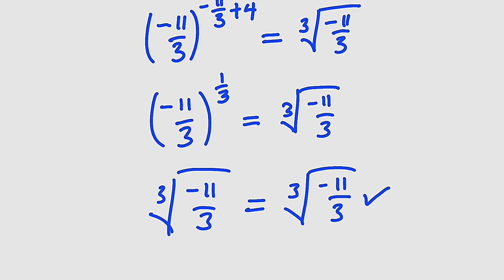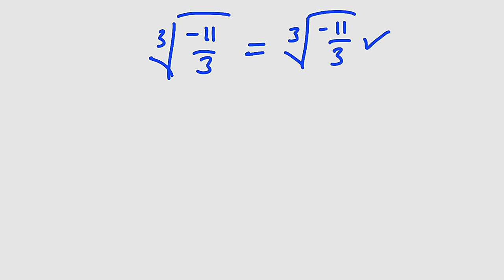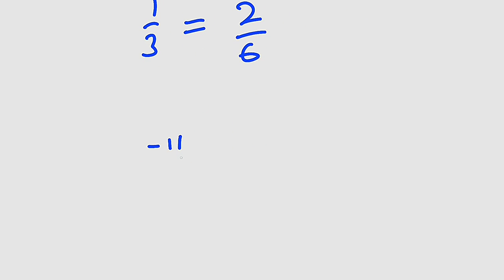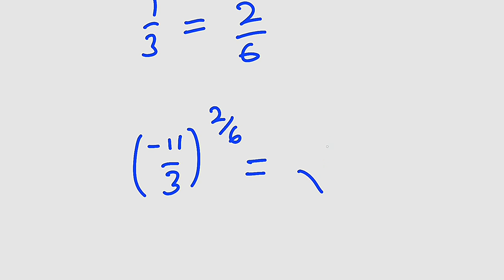Why? Because if we take an equivalent of this exponent, 1 divided by 3, remember 1 over 3 can be written as 2 over 6. So what if we have this negative 11 over 3 to the power of 2 over 6, which we know is the same thing as 1 over 3. This will give us the 6th root of negative 11 over 3 raised to the power of 2.